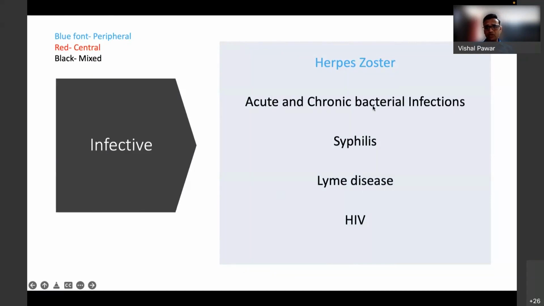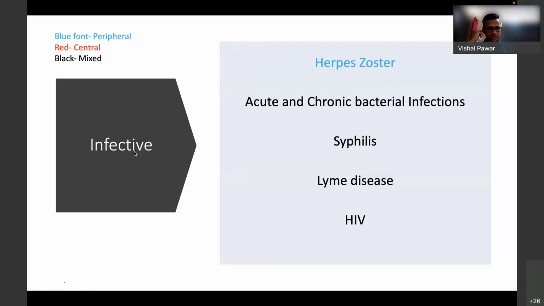Acute bacterial infections of the vestibular system can happen in children. Herpes zoster happens due to reactivation of latent virus, and it is one of the most common infective causes, and it can lead to involvement of the vestibulocochlear nerve as well as the facial nerve.